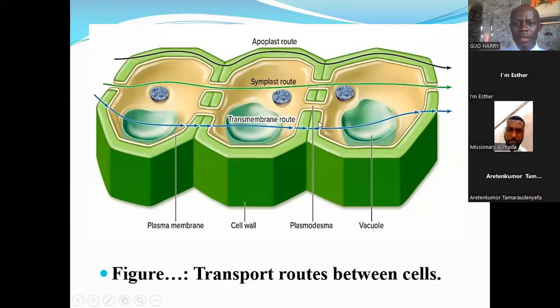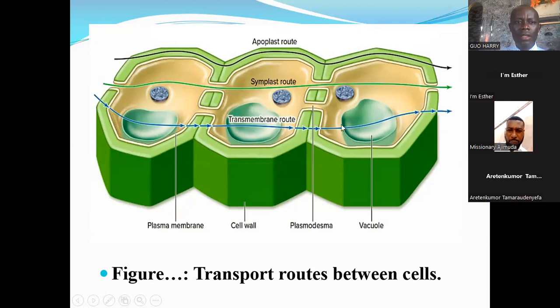This opening here, the space between these cells, is called the plasmodesmata, and the water doesn't pass through the cell membrane or the cell wall. That's the symplast route. Then we also have the transmembrane route.